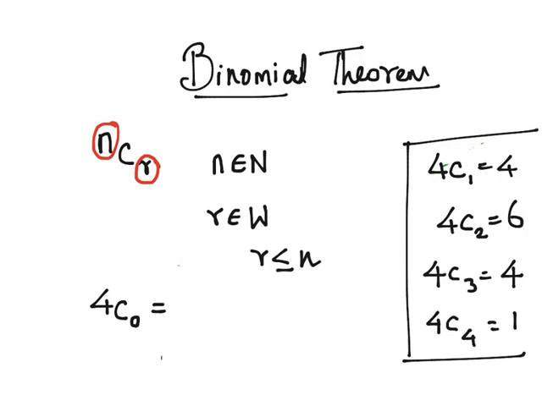That means in how many ways you do not take any book. I would say there is only one way: don't take any book. So there is one way of not taking any books out of 4 books. So 4C0 is actually 1. Okay, fine.